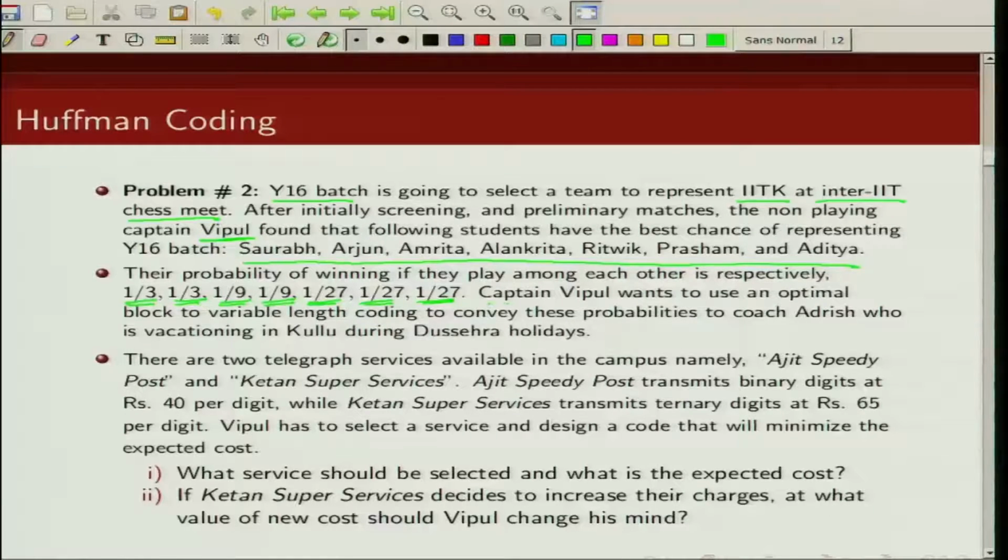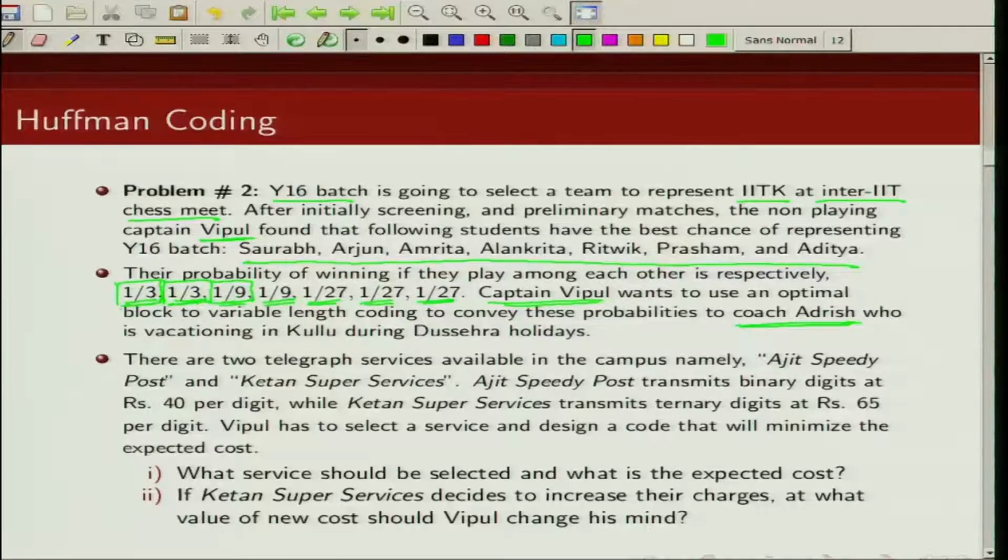Now Vipul wants to convey this information to his coach Adrish, who is vacationing in Kullu. So he has to transmit this information to his coach. He has to communicate essentially that these are the probabilities of winning of each of these team members.